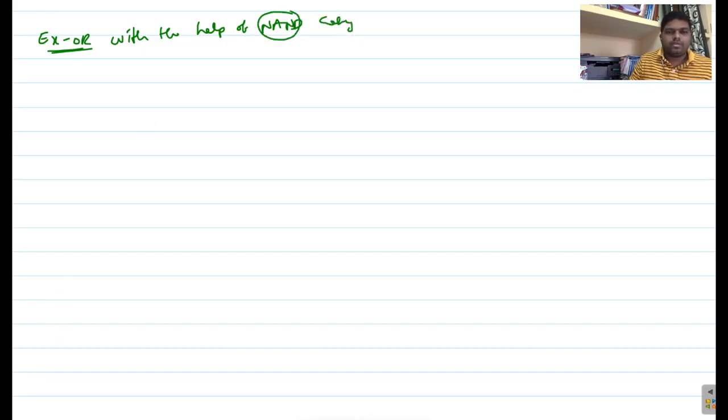So now, XOR logic with the help of NAND gates. First you can take one NAND gate here, and for this we need to add 2 inputs, one is A, another one is B. So here we get AB whole bar, right? Now I am taking one NAND gate here and here also I am taking one NAND gate.